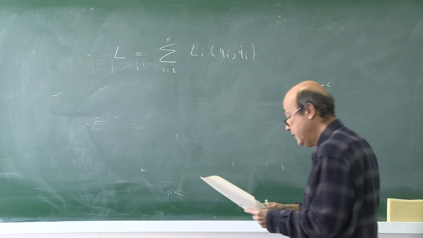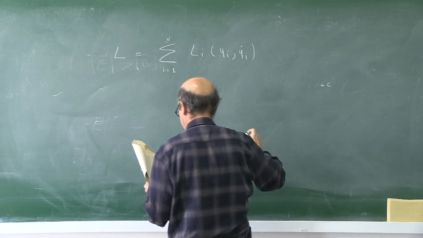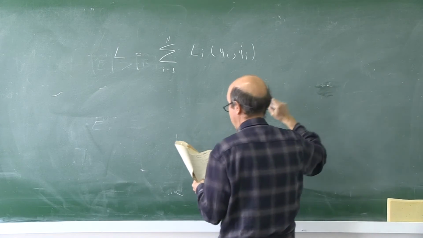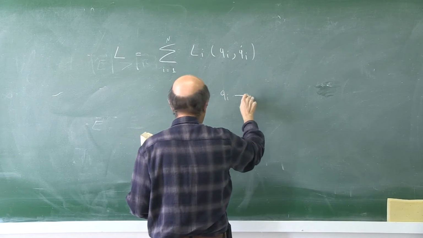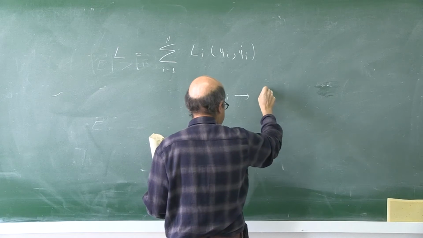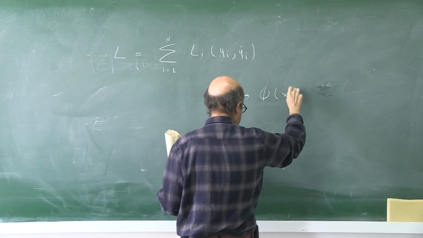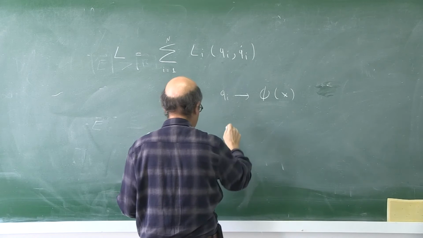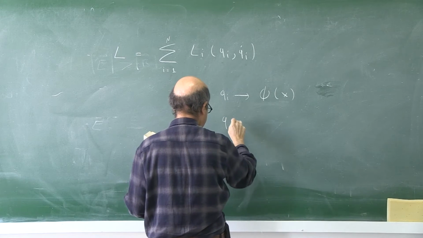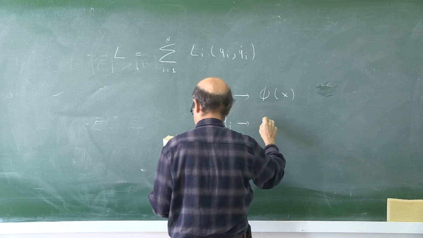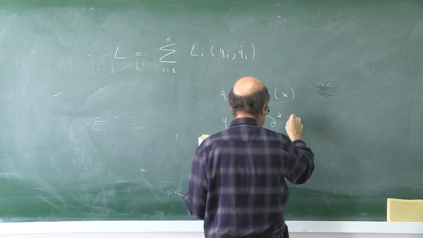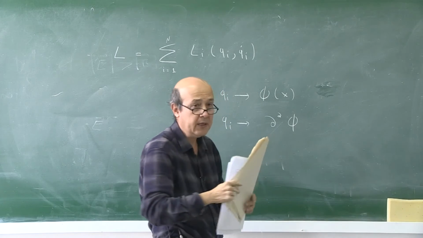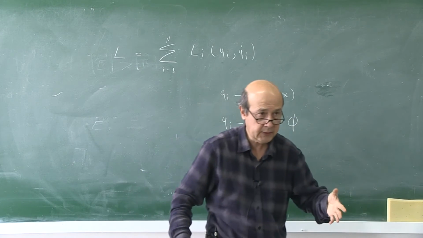But if we have fields, in that case the situation is different. So what is changed? Qi goes to field and Qi dot goes to derivative of the field. And you can have more than one field, okay?